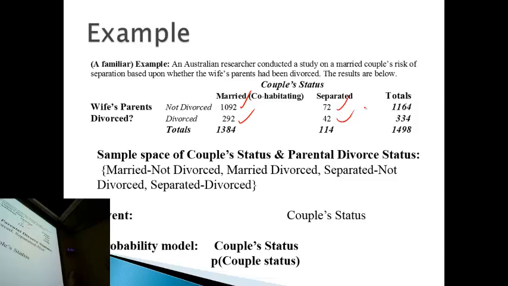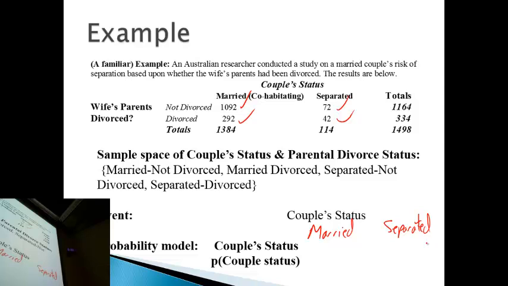So those are the four different categories in the sample space. An event could be a subset of the sample space. So couple status, well, we got two options here. You're either married or you are separated in this case. Those are the two different outcomes, if you will.